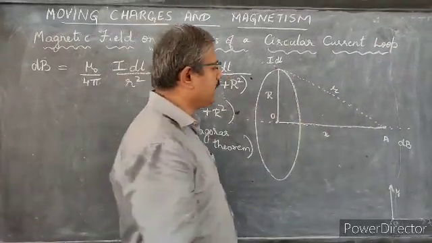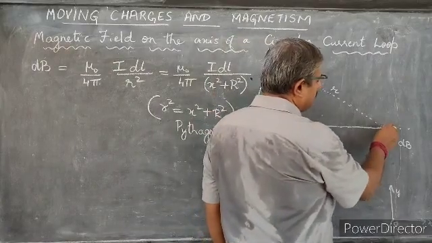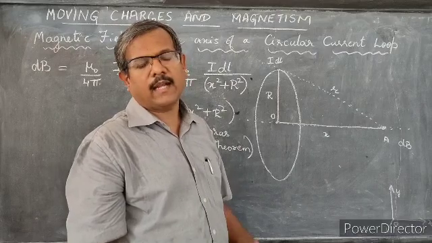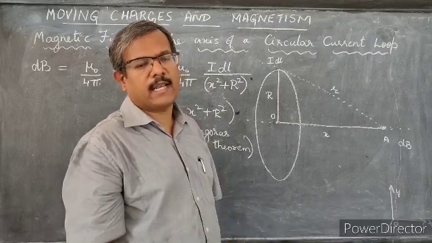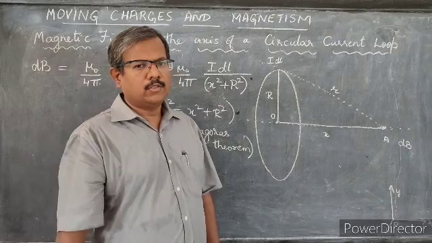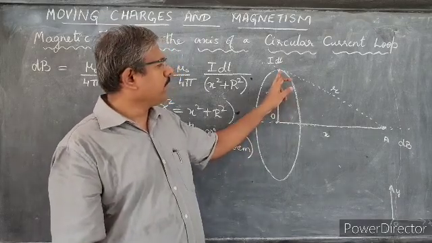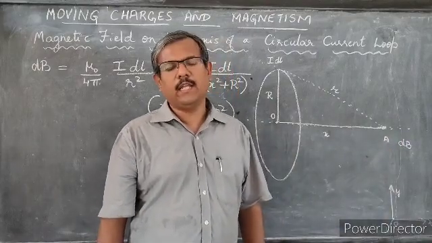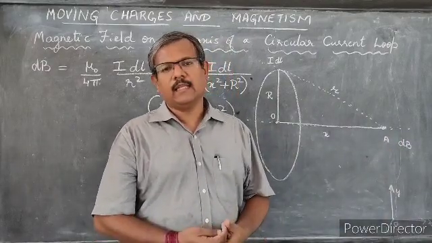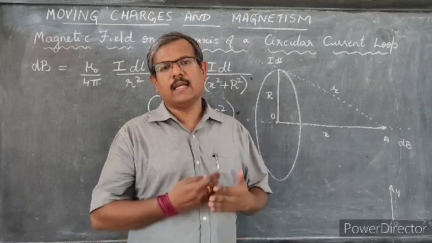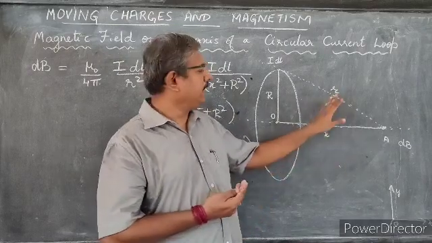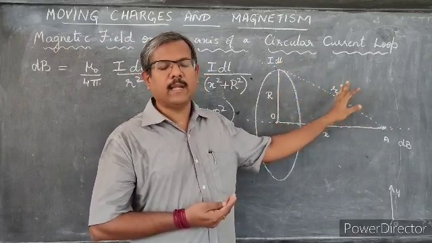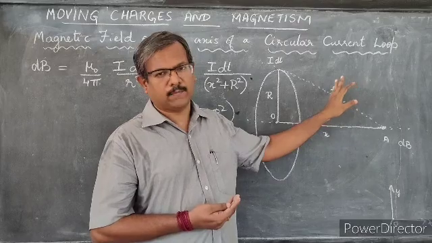But before we take it further, in which direction do you think this magnetic field dB would be acting? What would be its direction? So from Biot-Savart law, dB will be acting in a plane perpendicular to the plane that is constructed by taking the current element and the displacement vector r together.